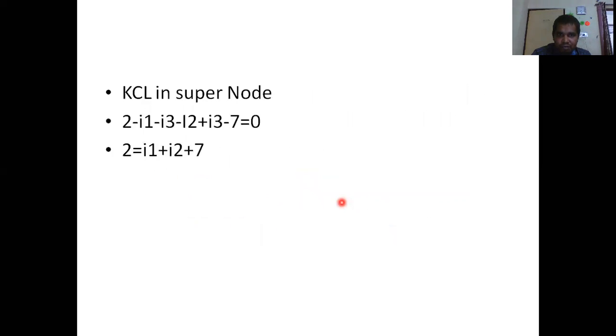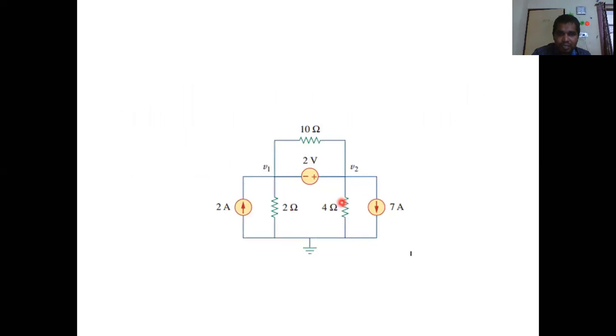So in this lecture we have discussed the concept of super node. The concept of super node is applied if a voltage source is common to two individual nodes, right? If a voltage source is present as a common branch between two nodes, in such cases those two nodes will be considered a single node and you will form a super node.